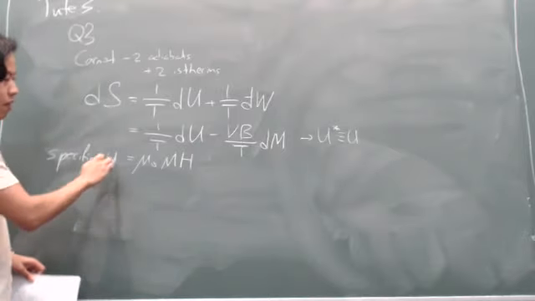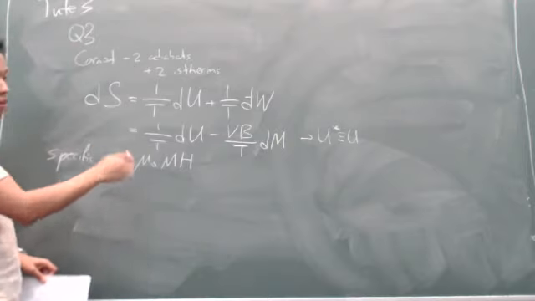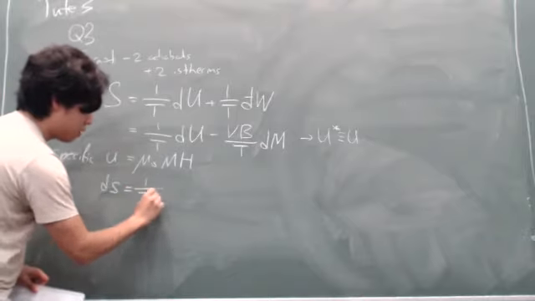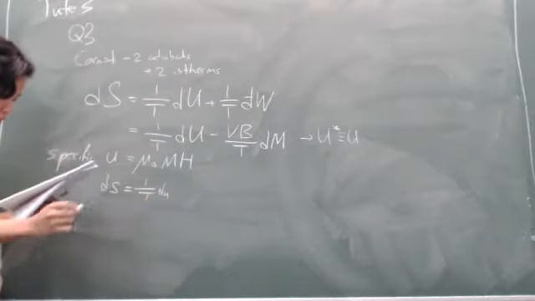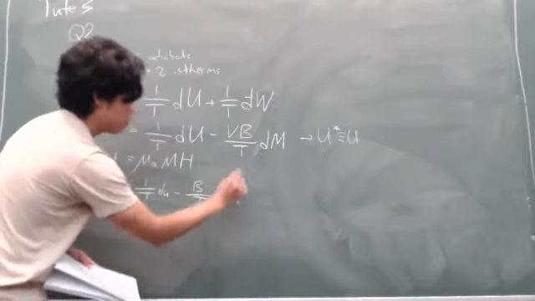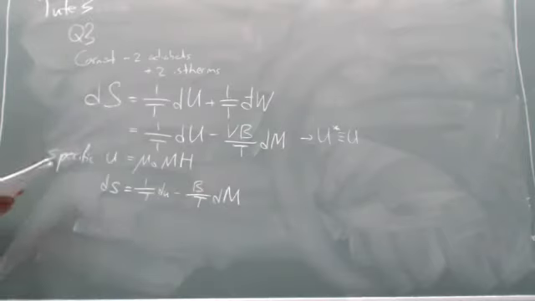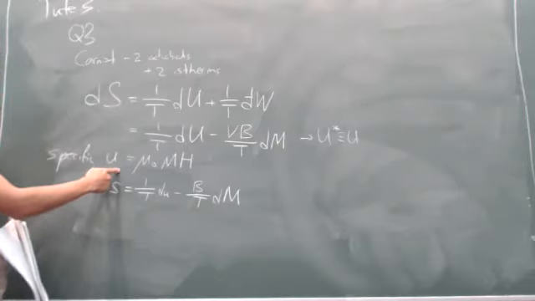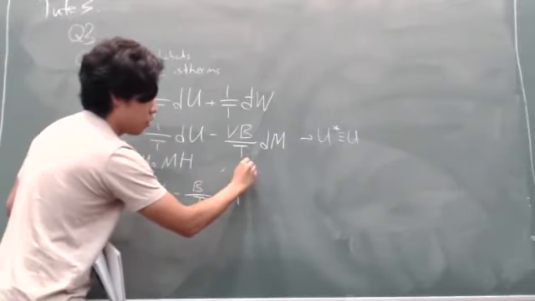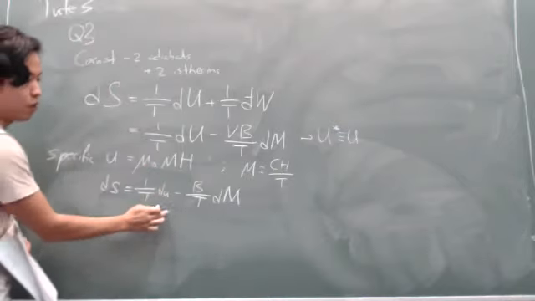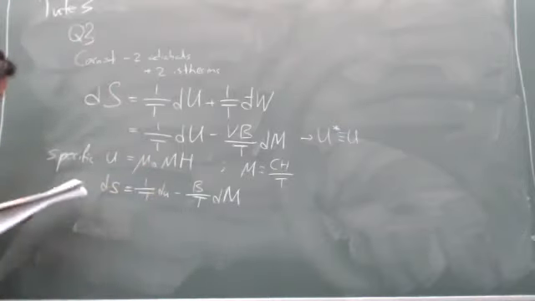Okay, so first I want to rewrite the entropy equation in terms of specific quantities. So d little s is given to you by 1 on T d little u minus B on T dm. So I got rid of this volume term. And now all you have to do is take the internal energy definition plus the equation of state, so Curie's law still applies, M equals CH on T. So just subbing these two in to simplify it down.